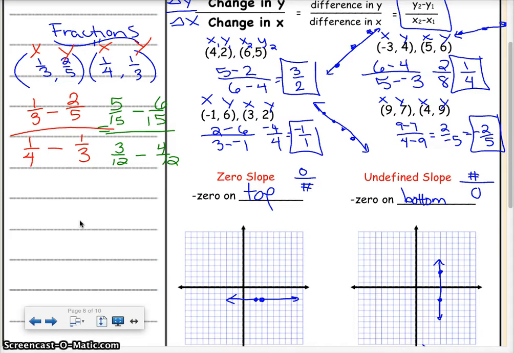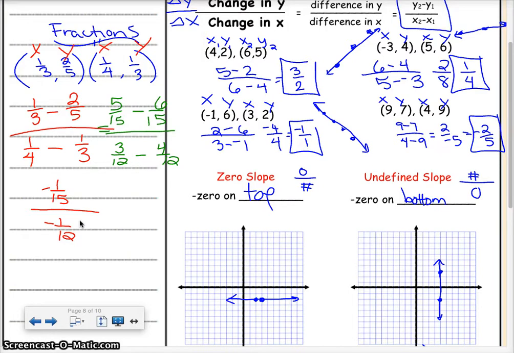So now I'm going to simplify the numerator and denominators. So 5 minus 6 is -1. So -1/15, all over 3 minus 4 is -1 over 12. Schoology will not allow that. It will not let you do that.